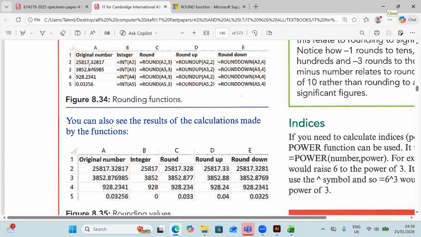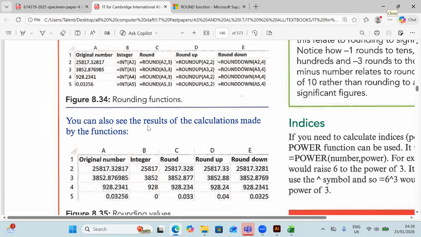When we see the comma, we ignore it and every other value that comes there. You can see from our answer here, it only took 25817. All these, the comma and the values that are coming after, are ignored. Let's look at the second one. Since the int only extracts the whole number part, our answer here should be 3852.